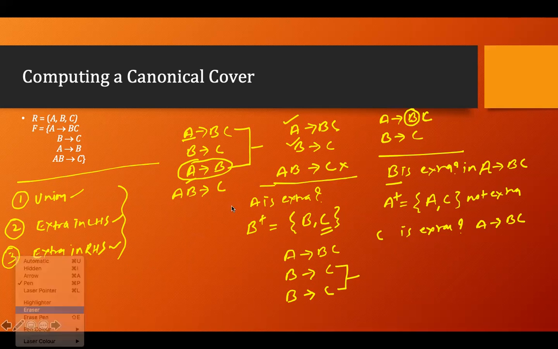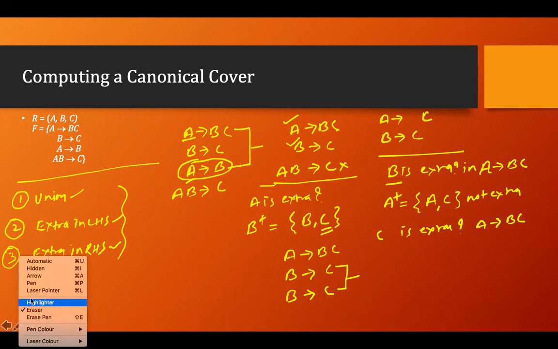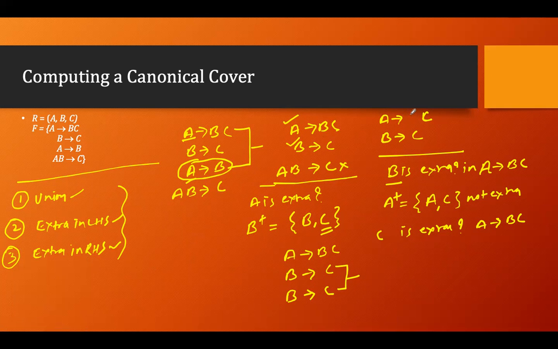So for that, what we do is we'll check A closure again without using C. So what is A closure? A closure, A will come. Now is A determining anything? Yes, A is determining B. Is B determining anything? Yes, B is determining C. So C is coming, right? If C is coming, then it means that it is extra. Which one is extra? C is extra.